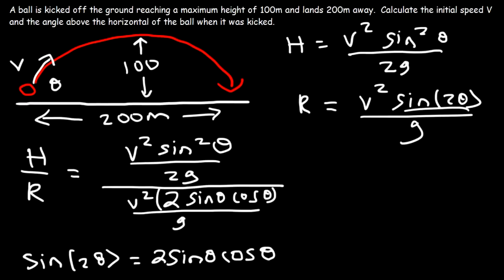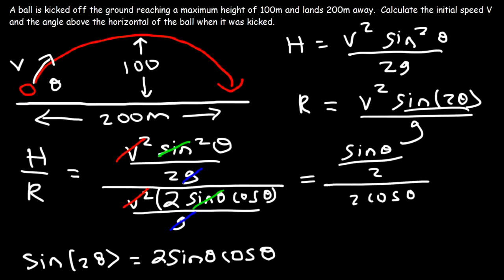Now in this equation, notice that v squared cancels. In addition, we could cancel a g and we can cancel a sine. So what we have left over is we still have a sine on top because it was sine squared, and then there's a 2 divided by 2 cosine theta over 1.